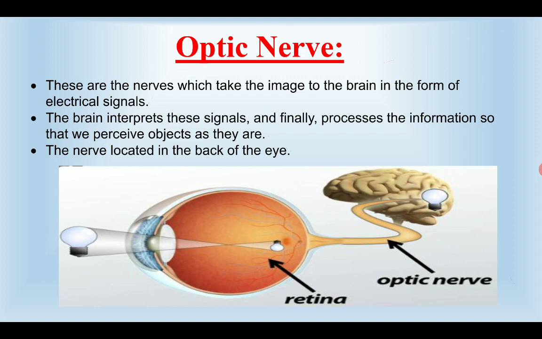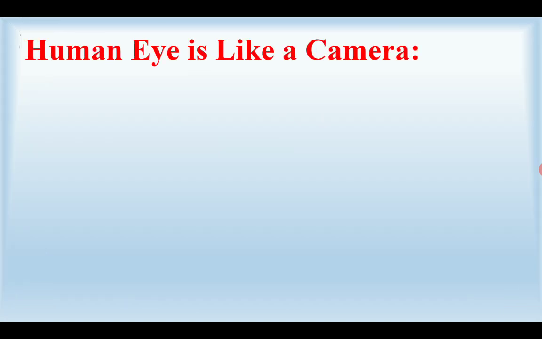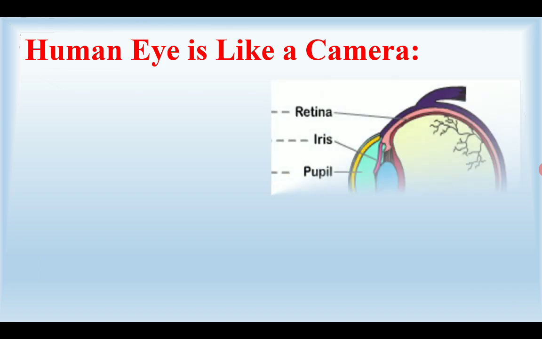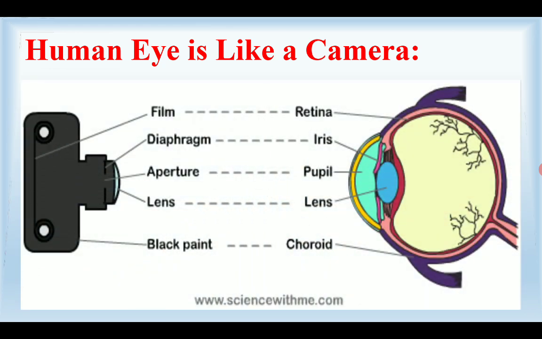So we can say that the human eye is behaving like a camera. There are so many similarities between the human eye and the camera we use to take pictures. If we consider this figure, we are having the camera on the left side and the human eye on the right side. If we compare, there is a film at the back side where the image is formed, and we are having the retina.